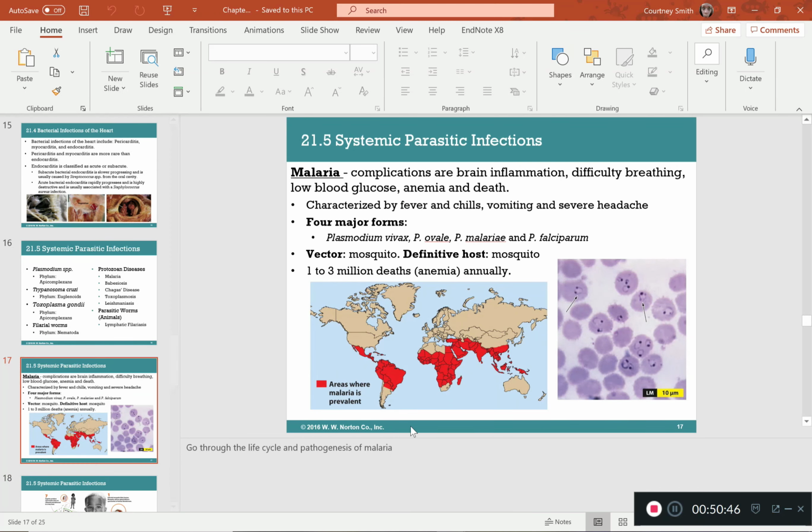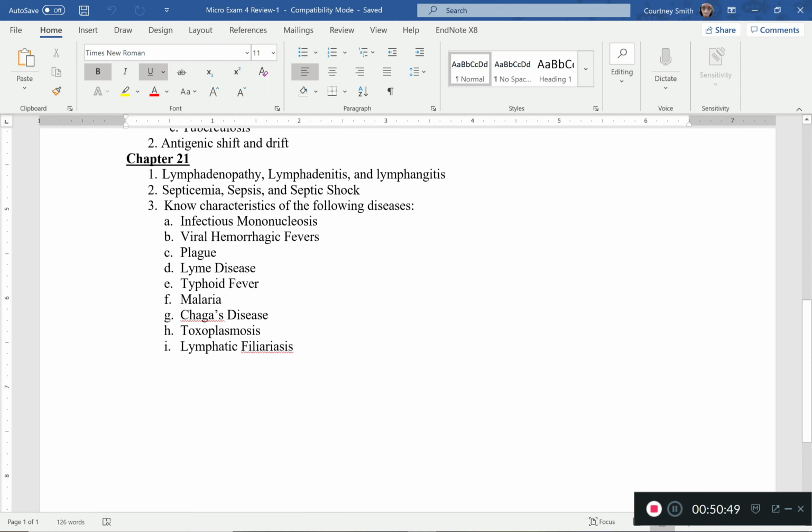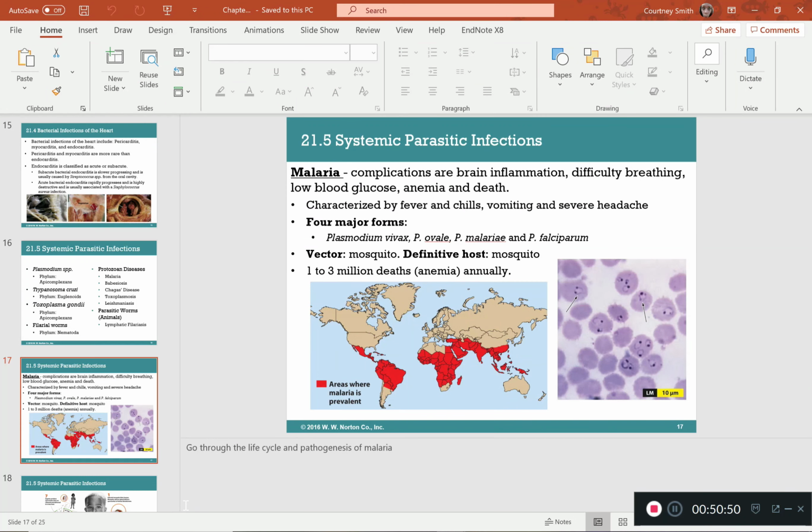So I think I also have malaria on there. Yep, so malaria. I don't like malaria at all. But it is a parasite. So with malaria, it's not so much stateside, it's more in developing countries, as you can see on the map.